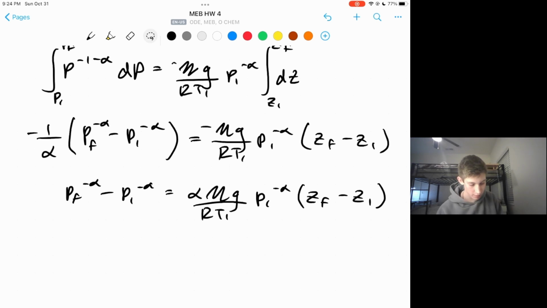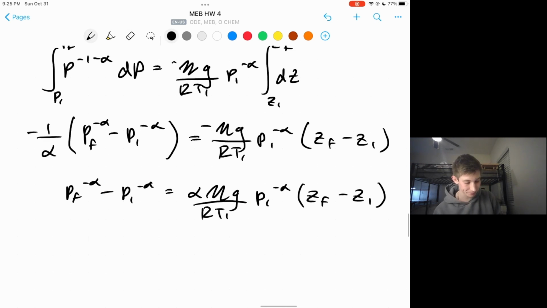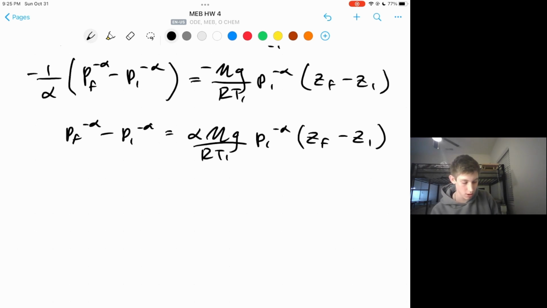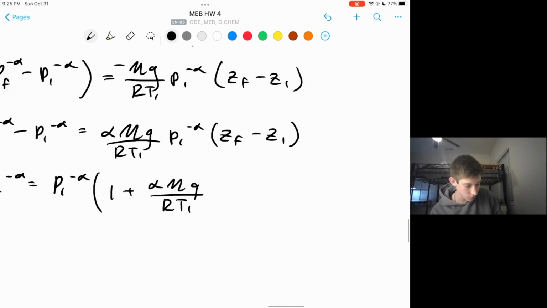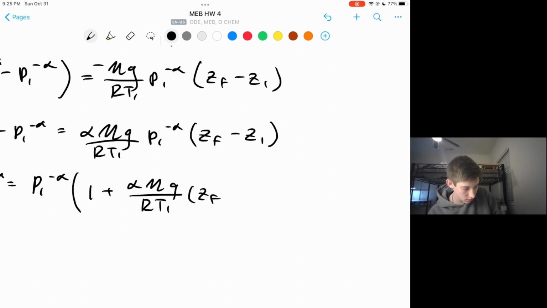So notice that we have a P1 to the negative alpha term here and a P1 to the negative alpha term here. So we can move this one to this side and combine terms. So we have 1, because that's this one that we brought over, plus alpha times molecular weight times gravity divided by R T1 times the altitude difference.